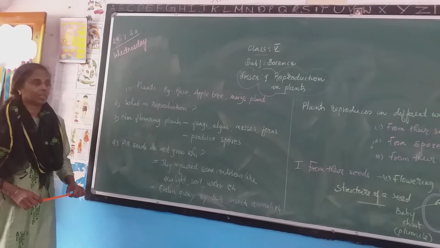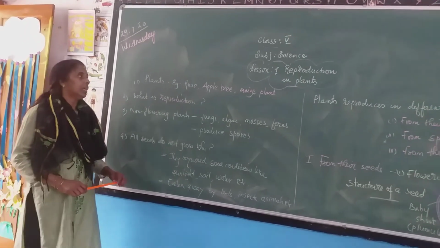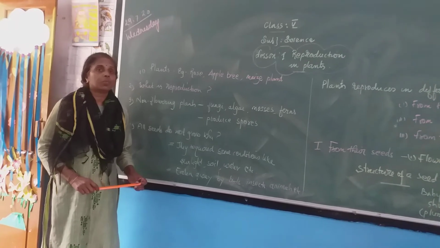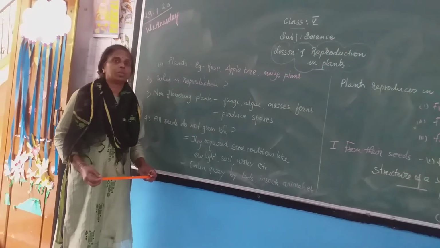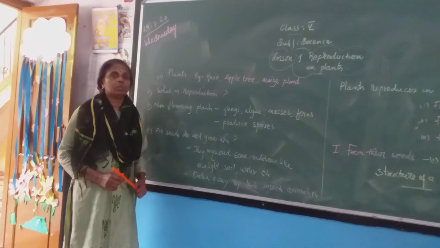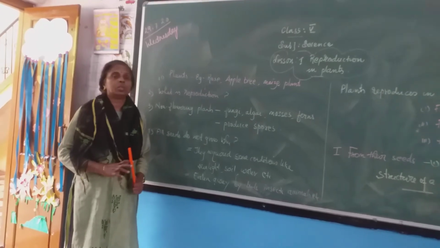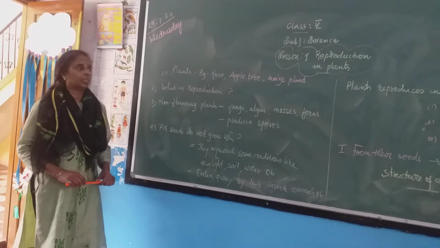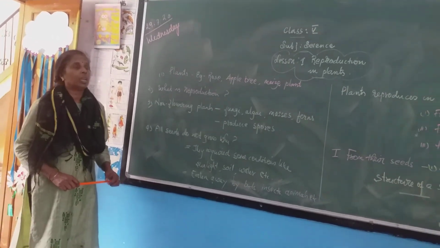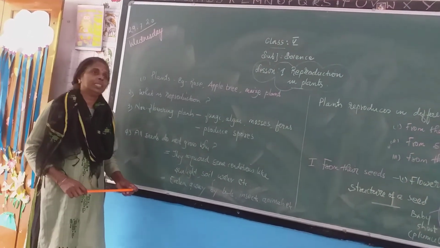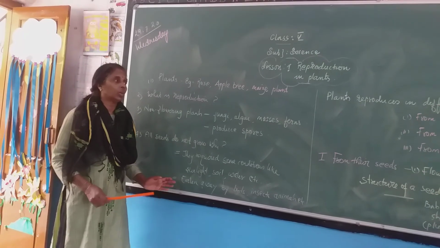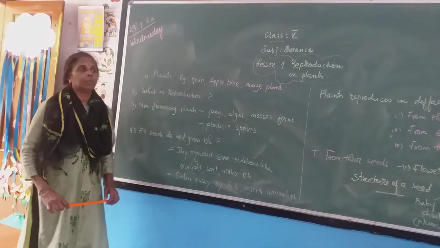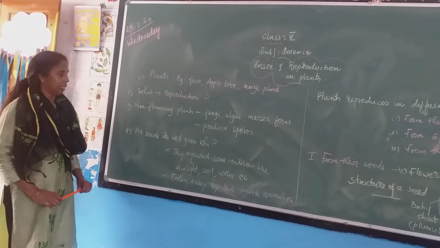And flowering plants will reproduce through flowers only. Those that do not have flowers will use different methods like spore formation, fragmentation, regeneration, budding. These all are the different methods of reproduction in that type of plants.